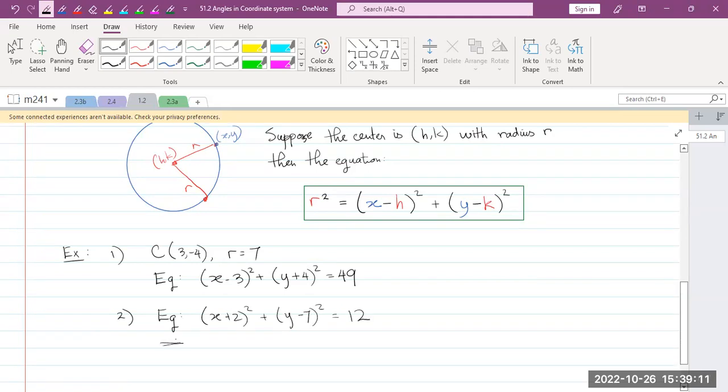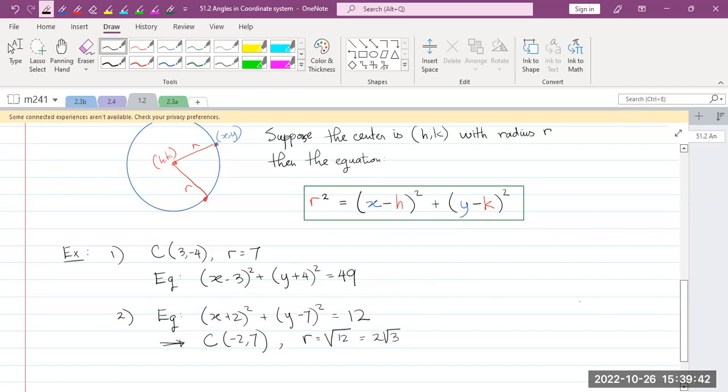Then from there, we see the center is (-2, 7), right? And the radius is the square root of 12. See, the position of this 12 is r squared, just like this 49 is r squared, right? So r is the square root of 12, which simplifies to, since 12 is 4 times 3, 2 square root of 3.